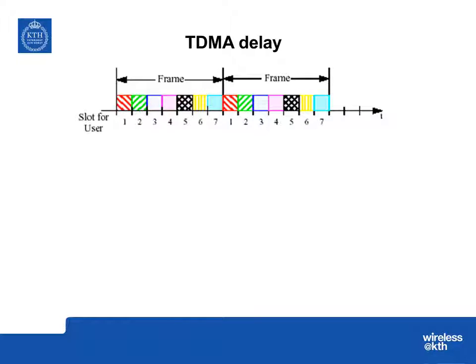We can now also compute the delay for a TDMA system. The difference between the TDMA system and the FDMA system is not noticeable when the traffic density is high, as when all slots and all channels are used, they behave about the same. But there is a difference when the system is empty or almost empty.